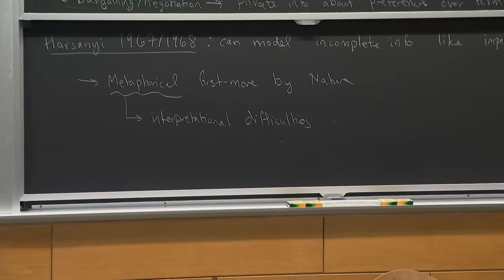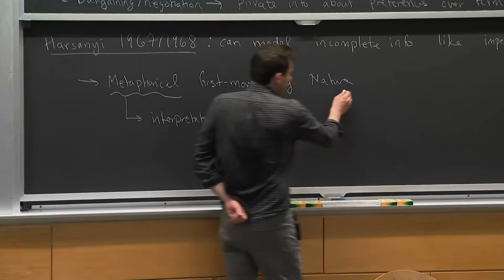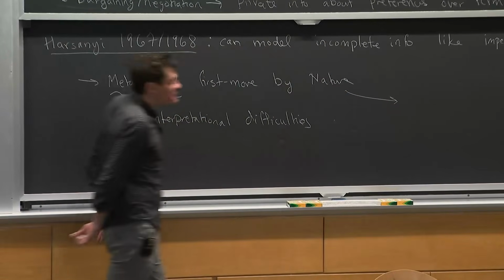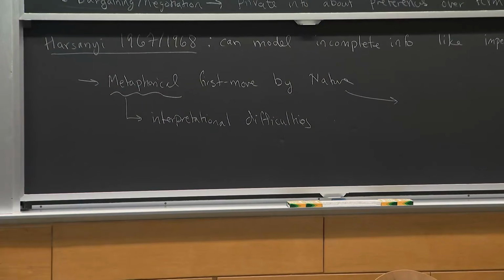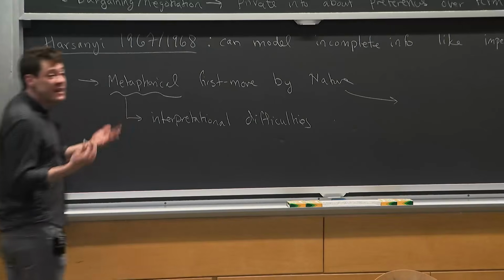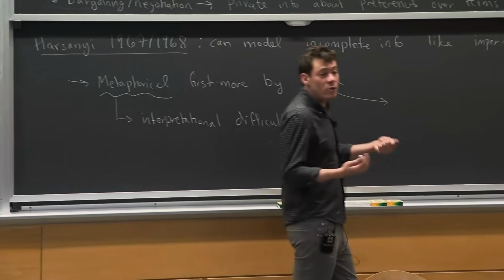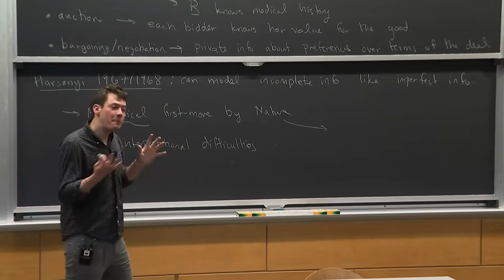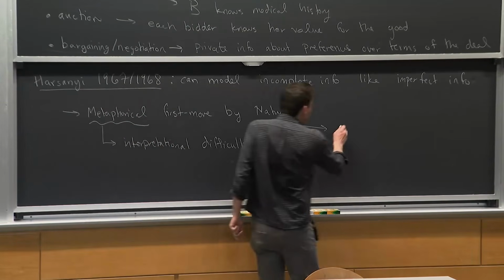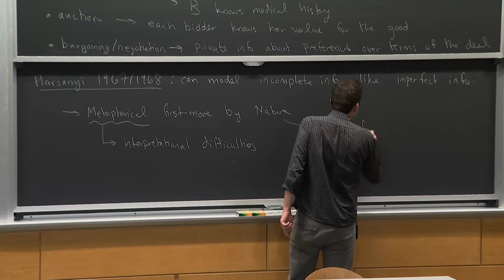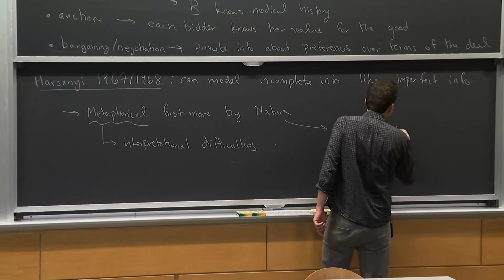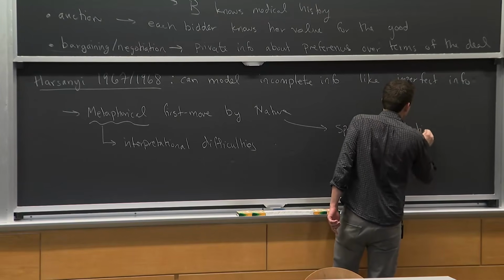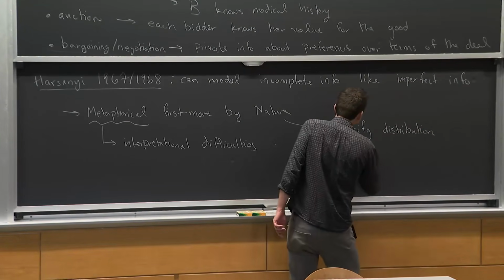One difficulty with the first move by nature is we have to specify the probability distribution over what nature chooses. That's a lot easier when nature's drawing a card from a deck. We all understand that. When nature's drawing your health status or your valuation for a good, that becomes more challenging. So one challenge is that we have to specify the distribution over nature's moves.